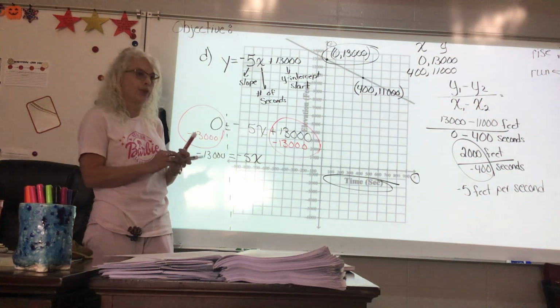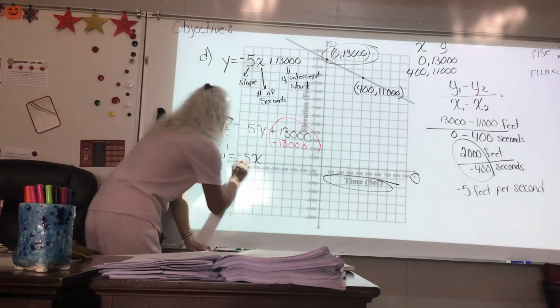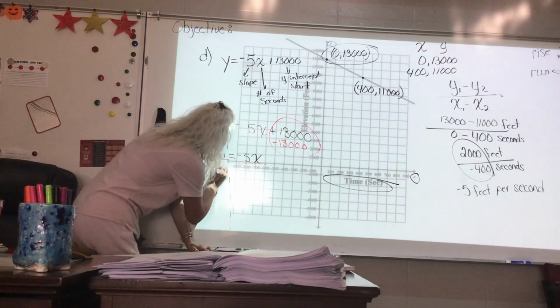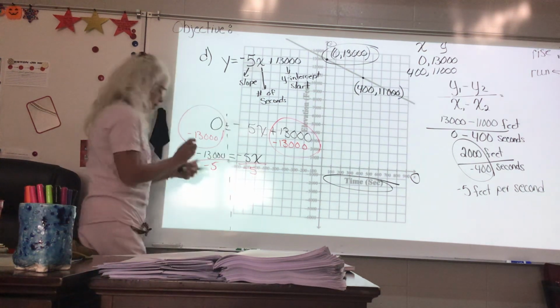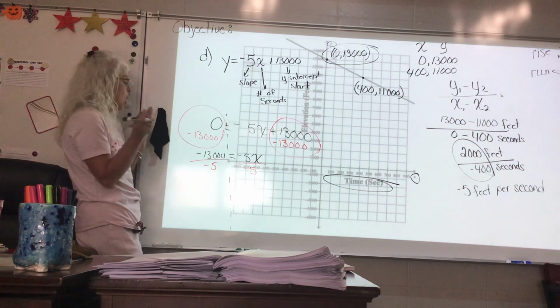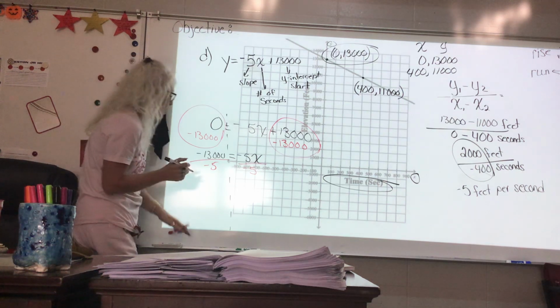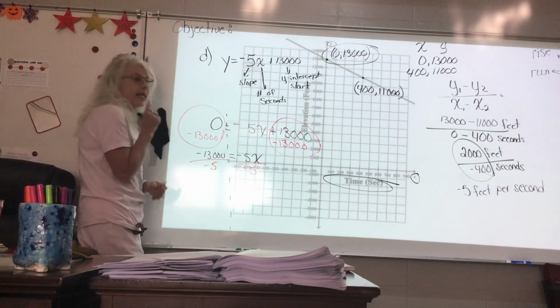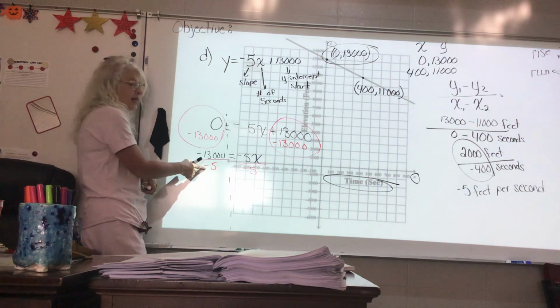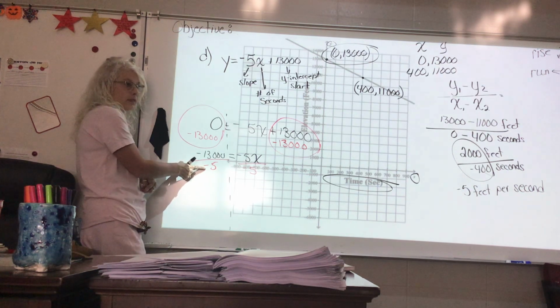So now we need to tear that -5 away from the x. So what am I going to do? Divide. Divide everything by -5. What is that? It's not going to be negative, it's going to be positive, because a negative divided by negative is a positive, right?